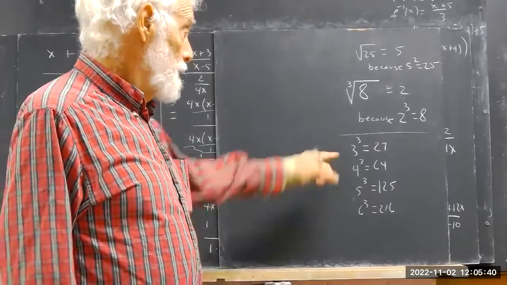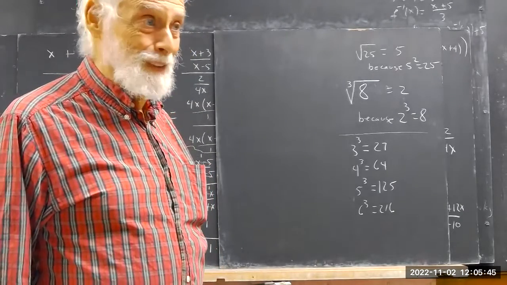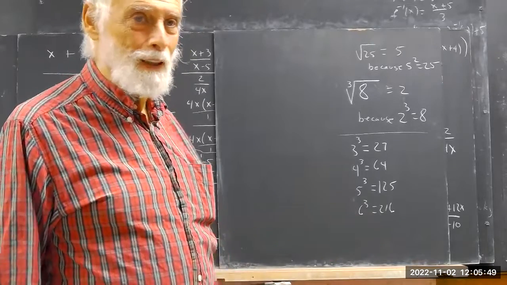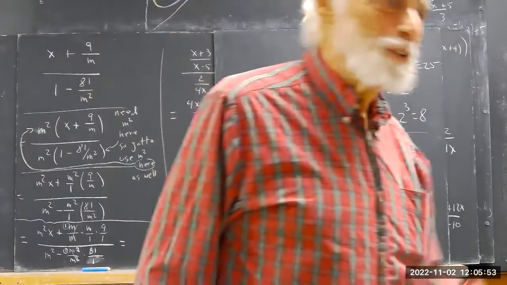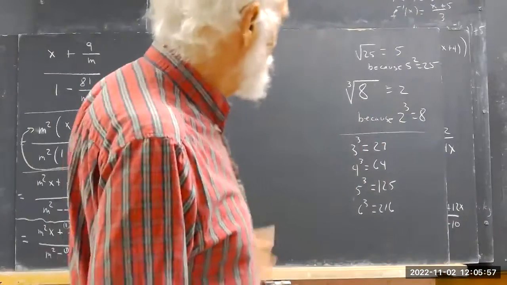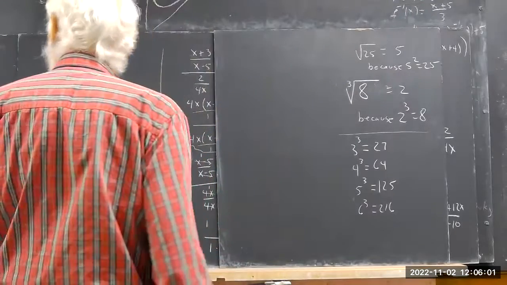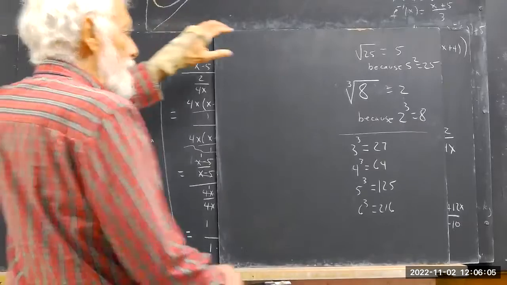Pretty easily. But when you go to 3 to the 6th power, well, if you know that 9 cubed is 729, you know that's 3 to the 6th. But I don't expect you to know that. You don't absolutely have to know this, but it's helpful if you do. Okay, well, that's what we know about powers.